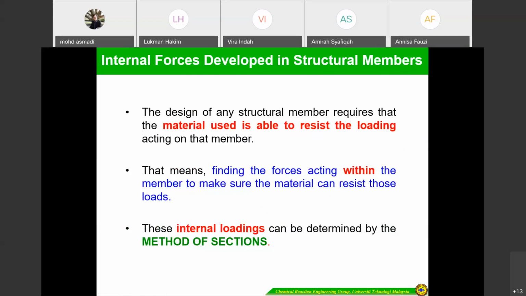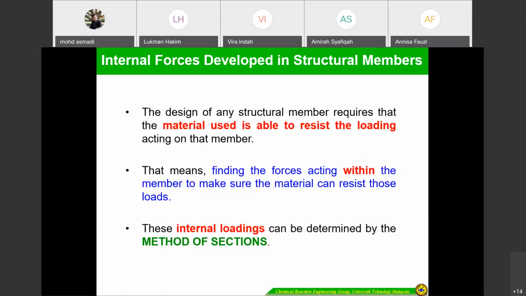The design of any structural member requires that the material used is able to resist the loading acting on the member. That means finding the force acting within the member to make sure the material can resist those loads.